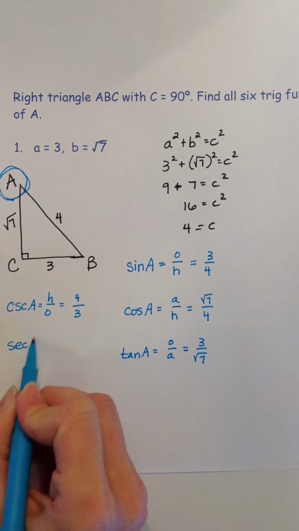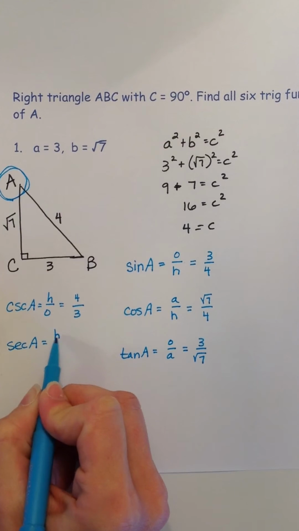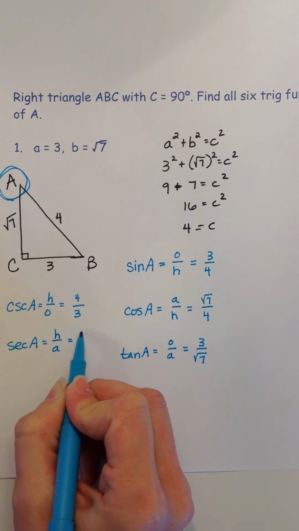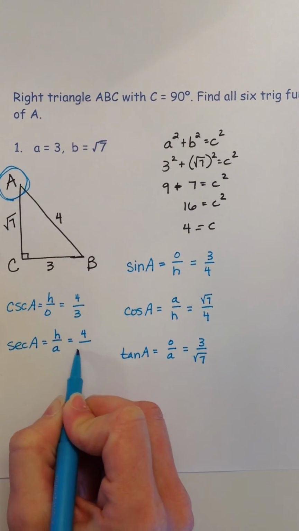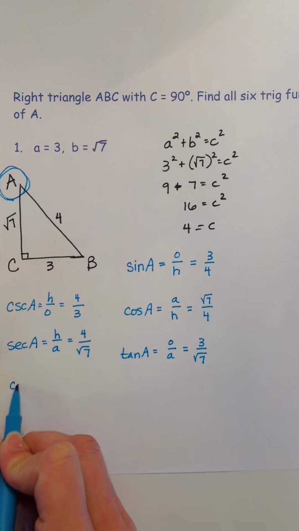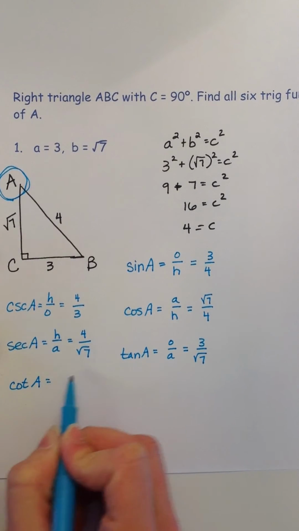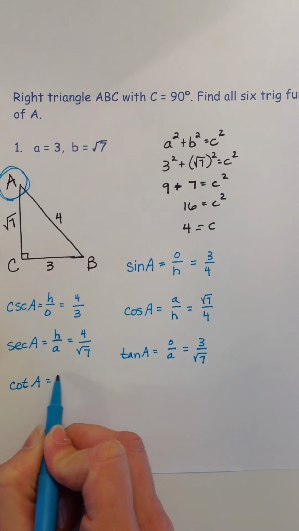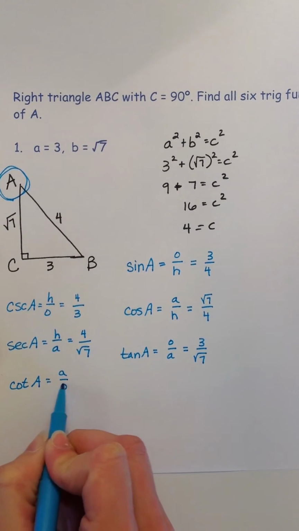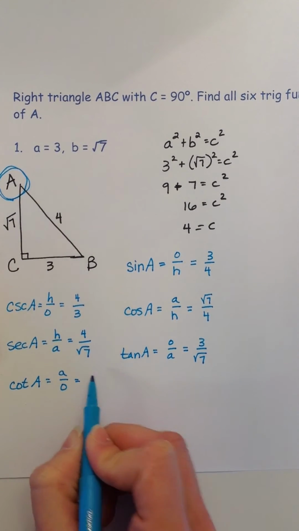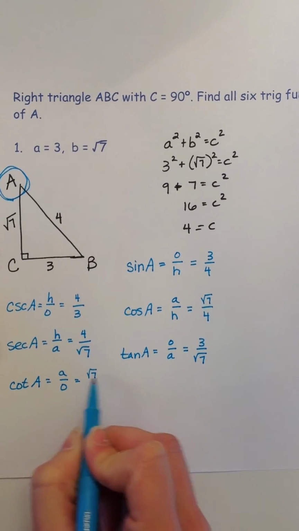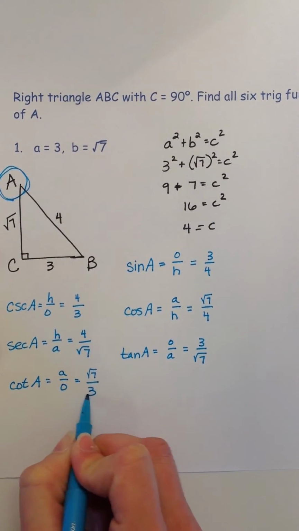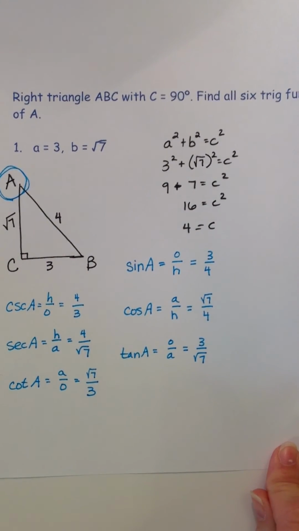And then secant of angle A, that would be hypotenuse over adjacent, so 4 over square root 7. And finally, cotangent of angle A, that will be adjacent over opposite, so square root 7 over 3. So there are your 6 trig functions of angle A.